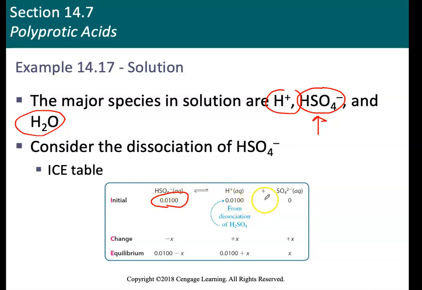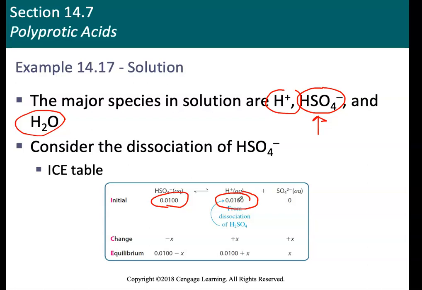All right, so let's come to the ICE table. One interesting observation: because we are dealing with the second dissociation, notice that the first dissociation of the acid itself already gave 0.01 molar of H+, right?